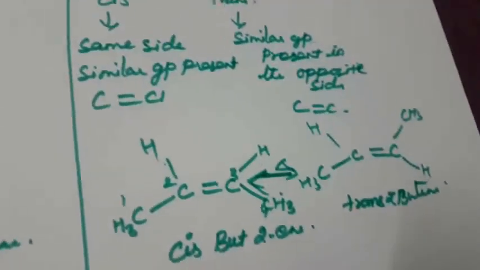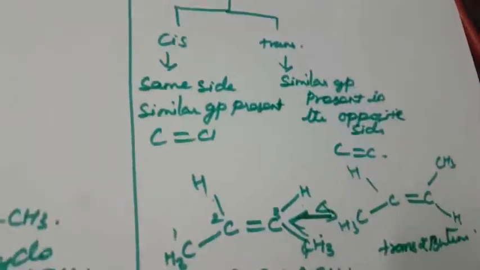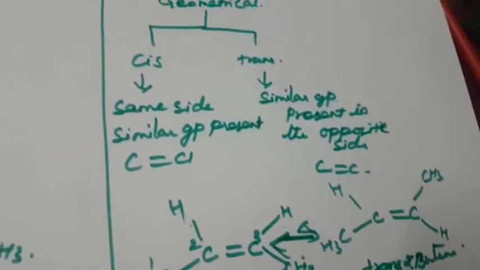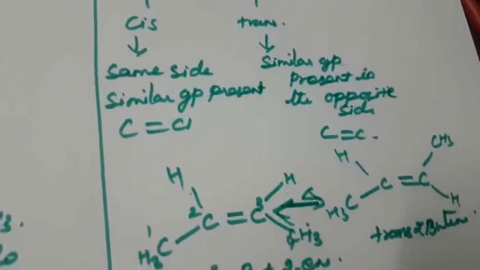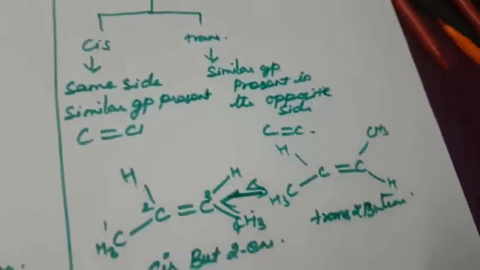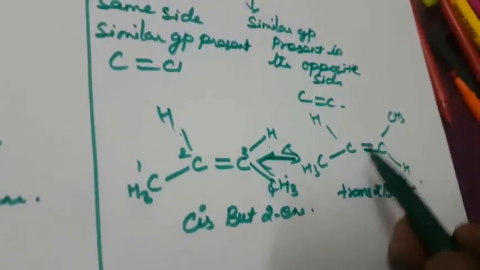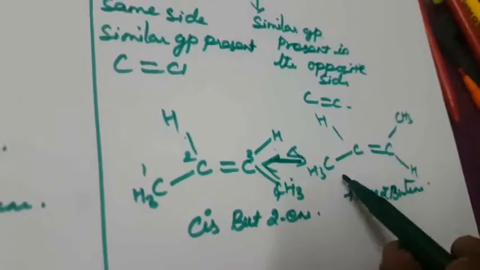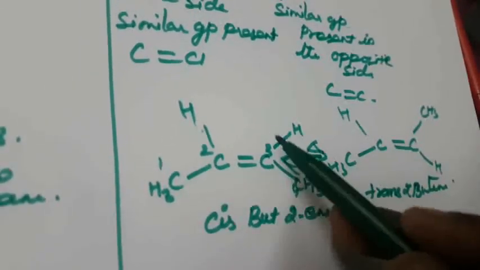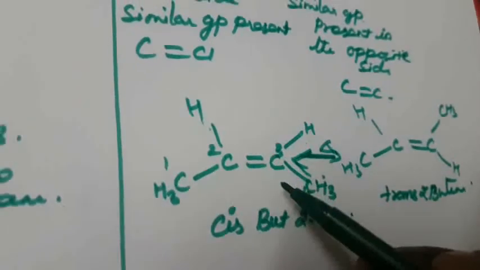Another important question: which one is more stable, the cis isomer or the trans isomer? The trans isomer is more stable due to steric hindrance. In the trans isomer, the groups on opposite sides attract each other. In the cis isomer, the groups are on the same side, so repulsion occurs.